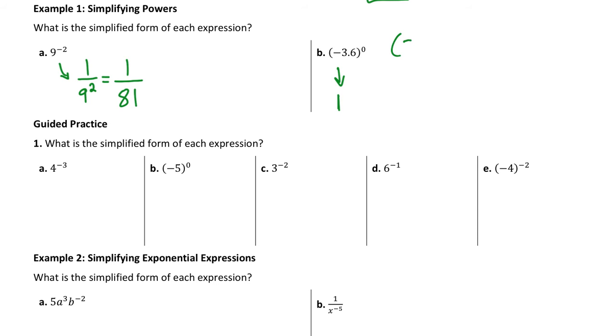I want to really emphasize that these two are not the same. This side becomes 1. This side becomes negative 1. That parentheses makes a world of difference, because the parentheses version says negative 3.6 to the 0 power. Without the parentheses, this expression says 3.6 to the 0 power, then multiply by negative 1. So in your calculator, these will be different numbers. That parentheses makes a huge difference.